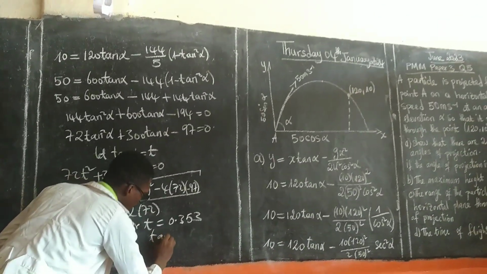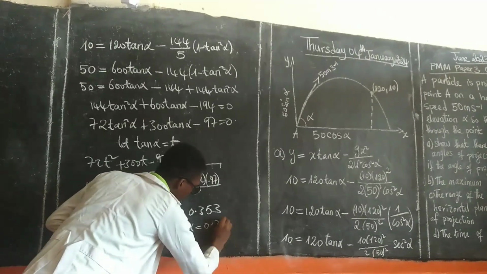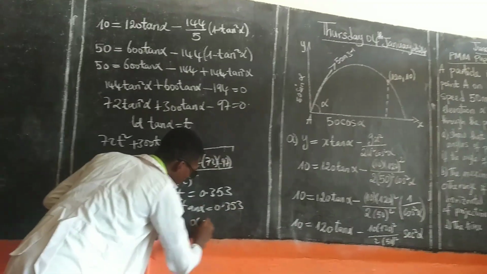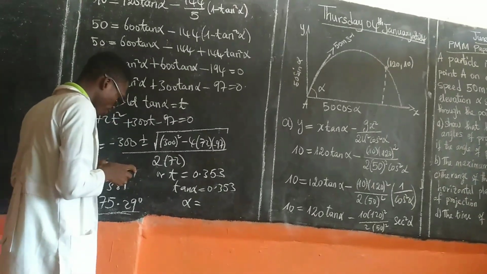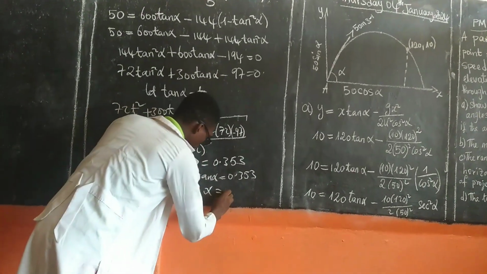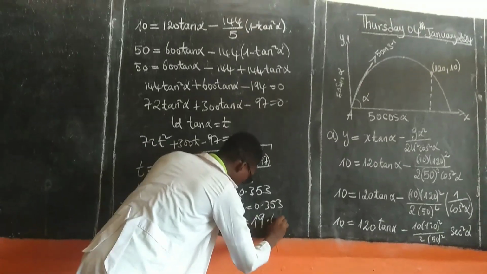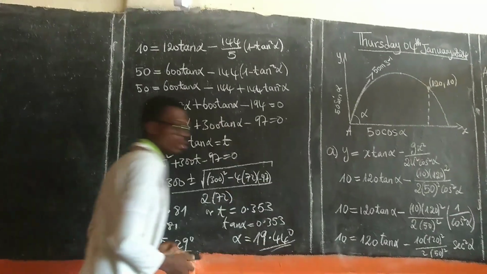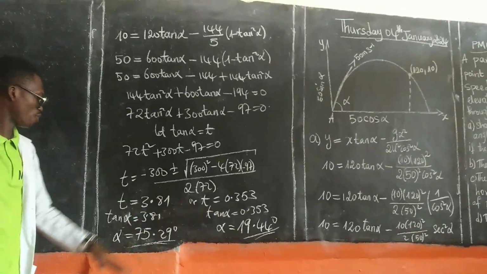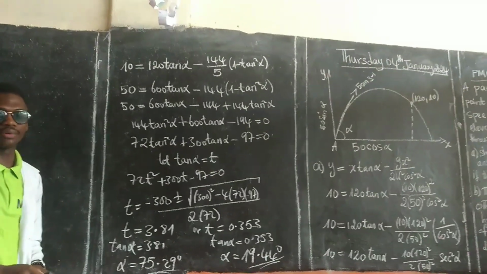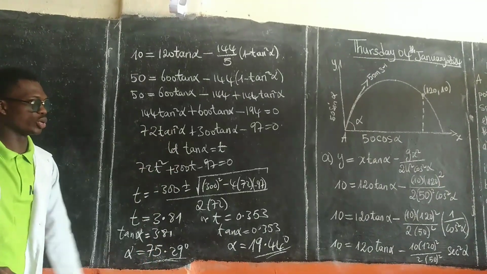If tan alpha is 0.353, then alpha is the tan inverse of 0.353, which is 19.44 degrees. So clearly, we see that there are two possible angles of projection, and that ends the solution to A.